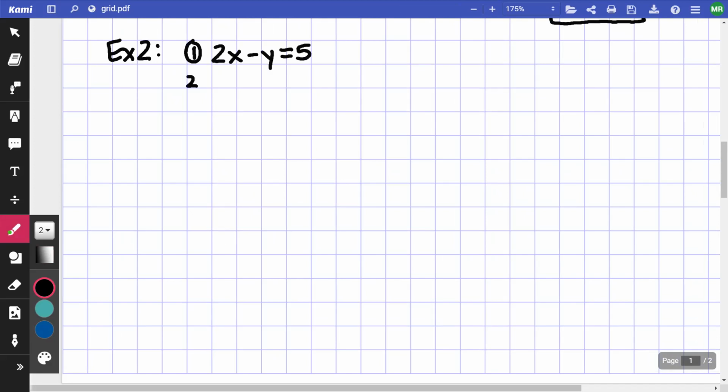I'm going to call equation 2 3y plus z equals 0. I'm going to call equation 3 x plus 4z equals 14. So again, each of these equations has a pair of x, y, or z, but none of them has all 3. But it's still a system of 3 equations in 3 variables.